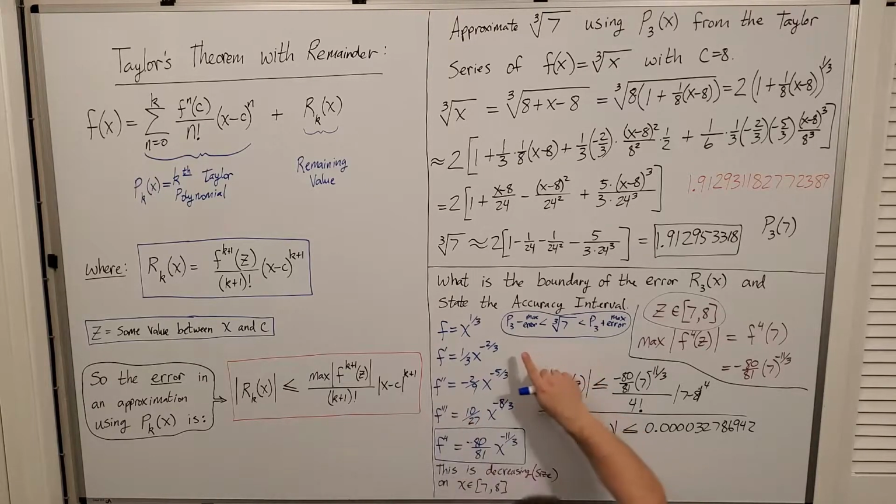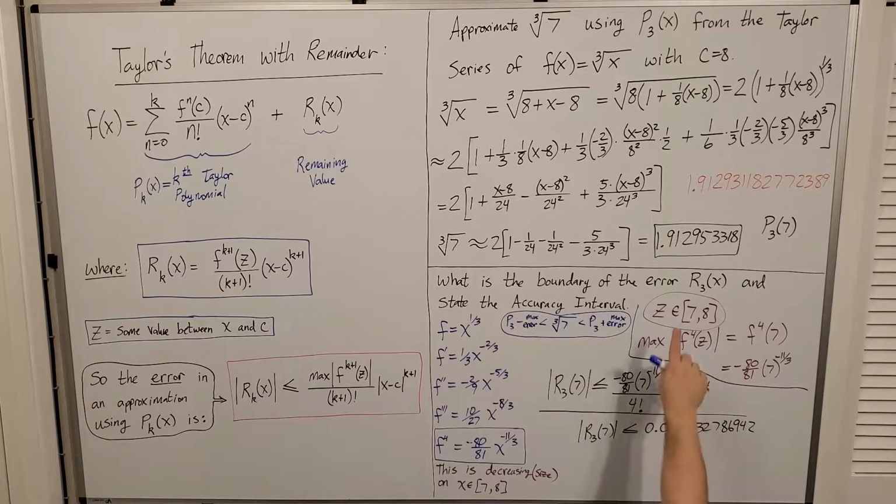If I do P3 minus this number, the 1.91295 minus this is going to give me 1.91290531, the lower boundary for where the cube root of 7 could be. And then the P3 plus this maximum error is 1.912986105.